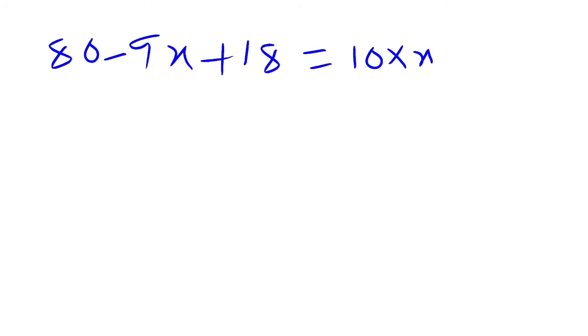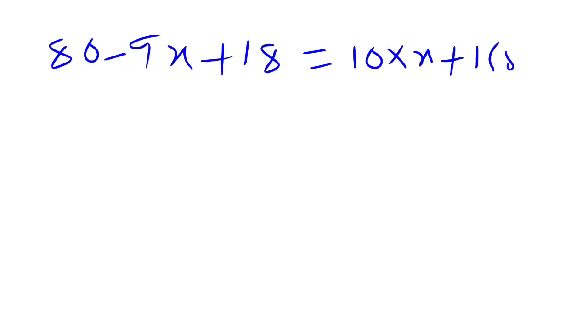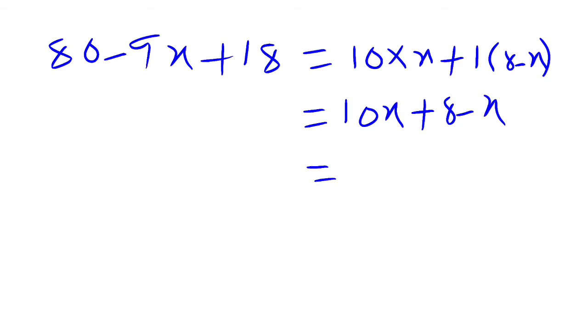So 10 into x plus 1 into 8 minus x. That is 10x plus 8 minus x, which is 9x plus 8. So 80 plus 18, 98 minus 9x.